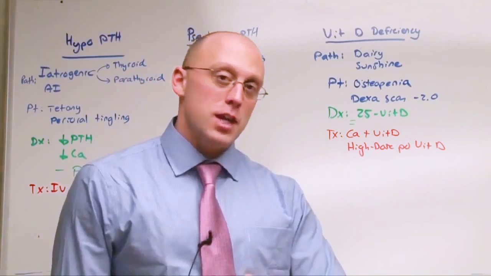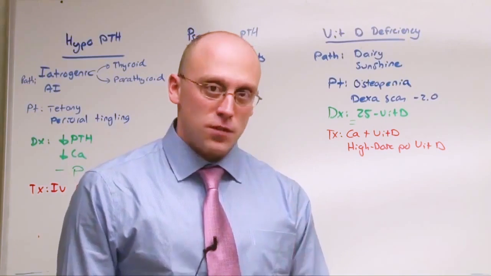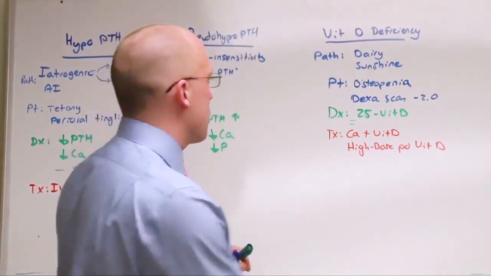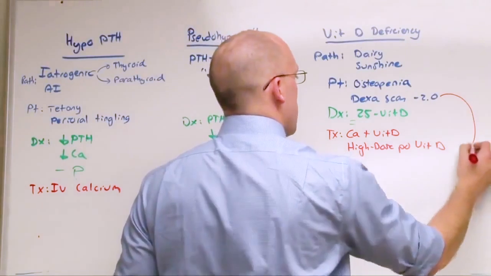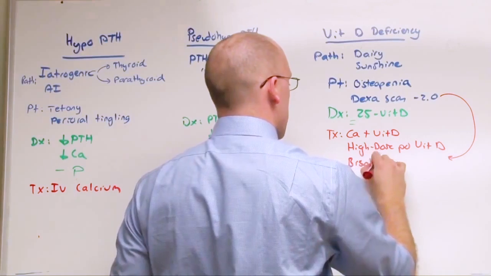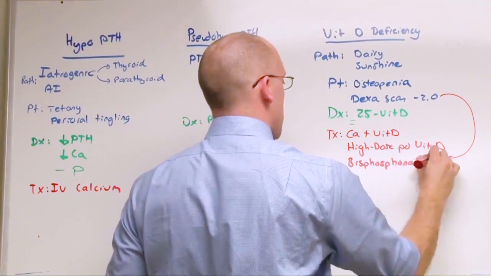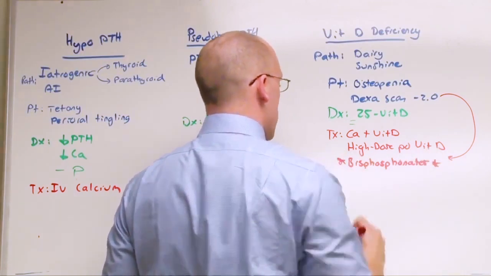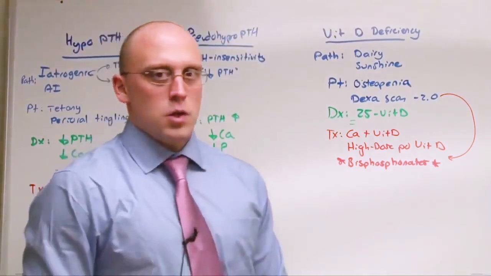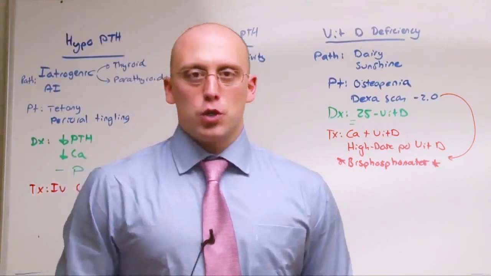But if, and this is getting more into endocrine, they are significantly osteopenic, here come the bisphosphonates again. Bisphosphonates are the therapy of choice. So the treatments are kind of all over the place and you can't make a really good grid.